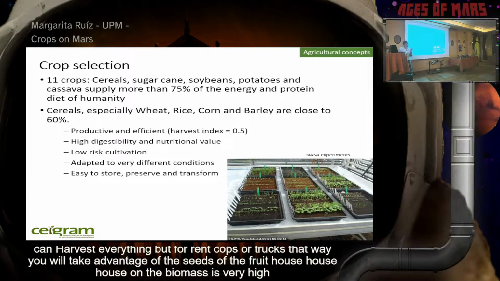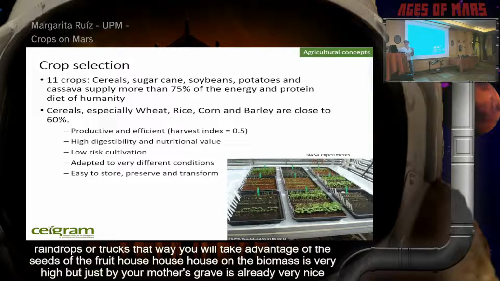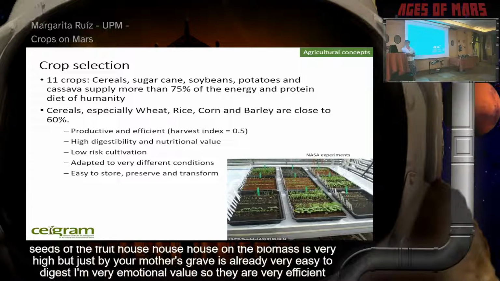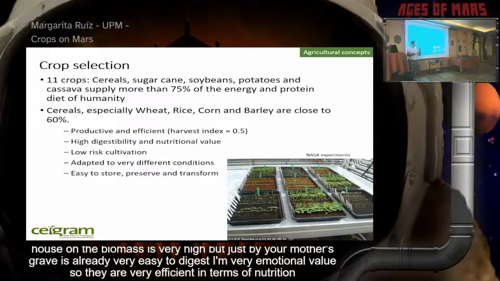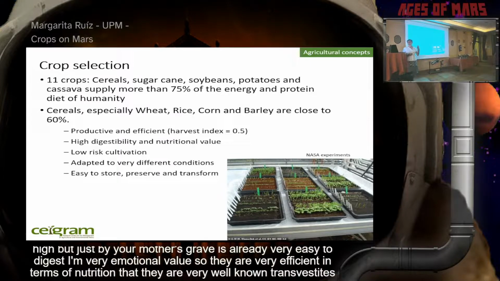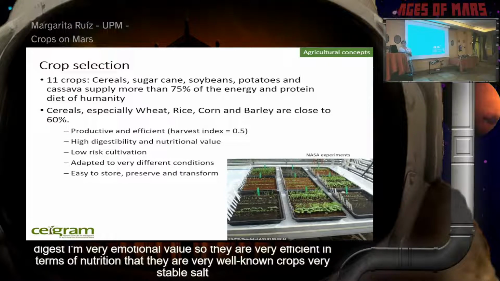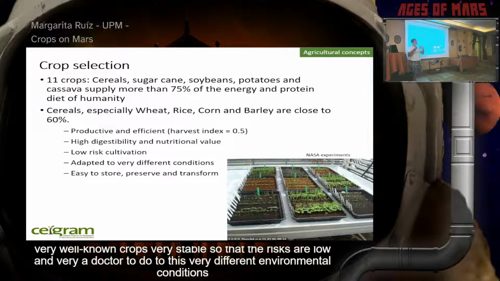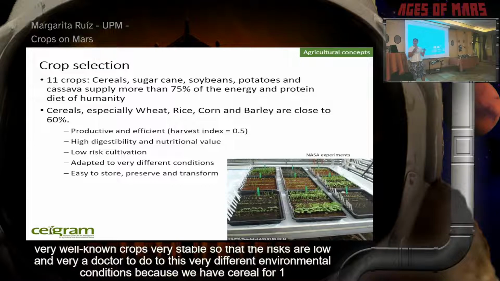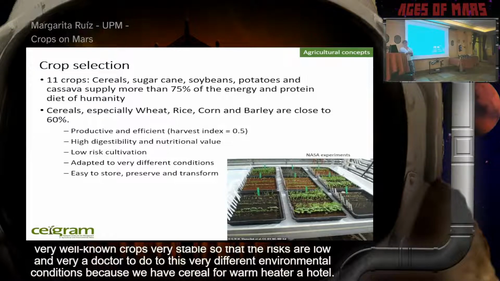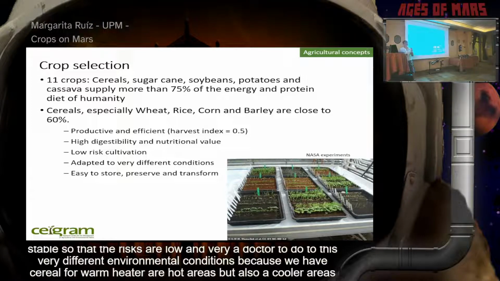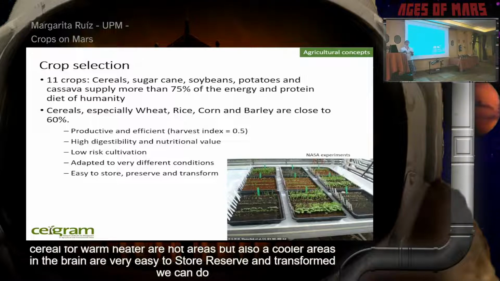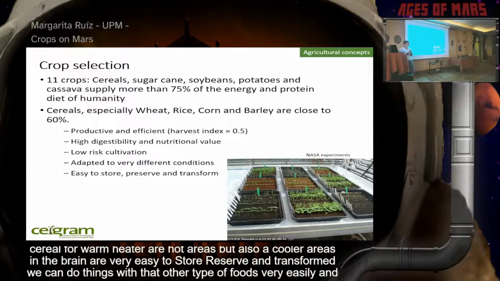But these grains are also very easy to digest and of very high nutritional value, so they are very efficient in terms of nutrition. They are very well-known crops, very stable, so the cultivation risks are low, and very adapted to different environmental conditions, because we have cereals for warm, hot areas, but also cooler areas. And the grain is very easy to store, preserve and transform. We can make other types of foods very easily, and even things that are not food.